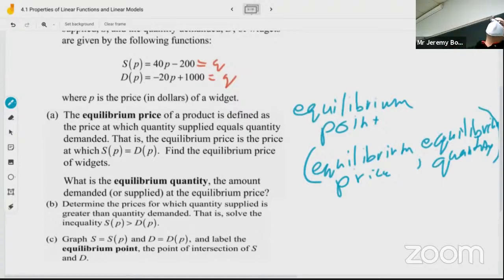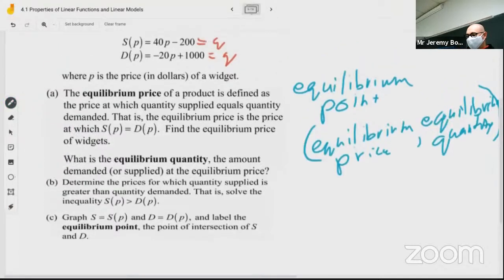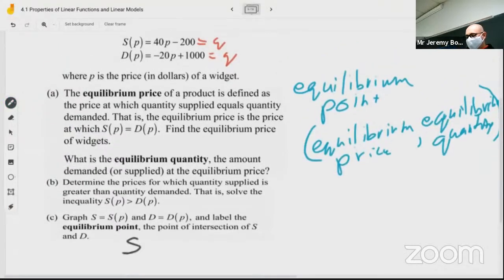But since we're trying to figure out where the two quantities are equal to each other, and they're both already solved for Q, we can just set them equal to each other. We want to figure out where S of P equals D of P.